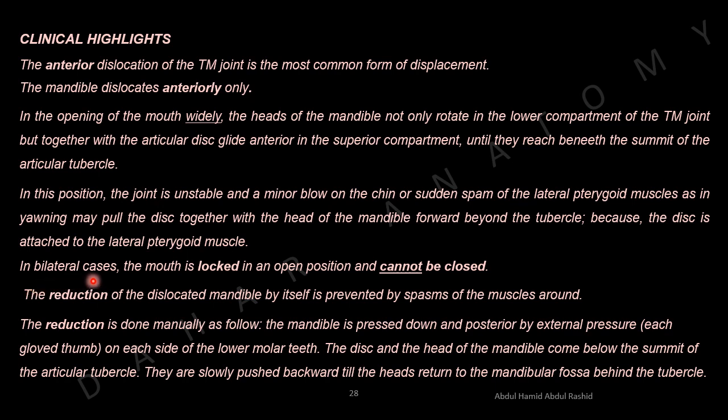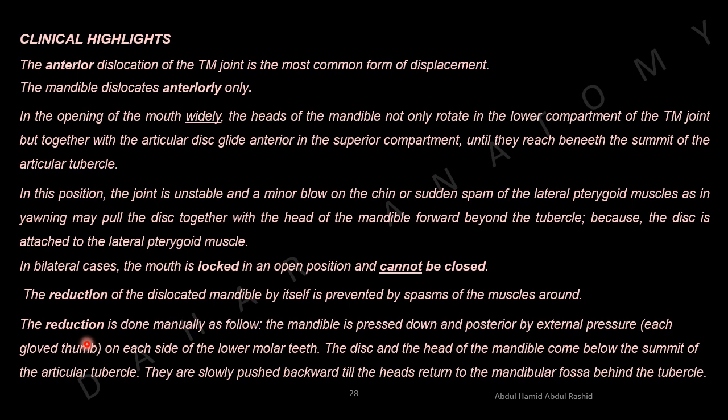In bilateral cases, the mouth is locked in an open position and cannot be closed back. The reduction of the dislocated mandible by itself is prevented by spasms of the muscles around.